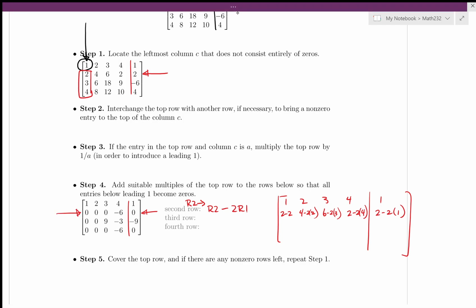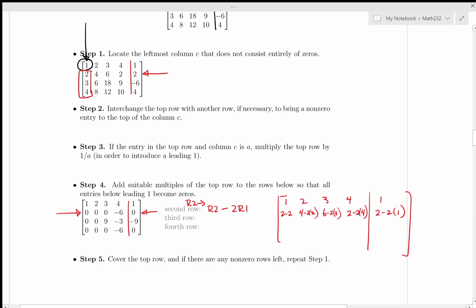Let's go to the next row. Next row, what am I doing? The original row 3 is going to be replaced by row 3 minus 2 row 1. Okay, and I get the answer that I have here.